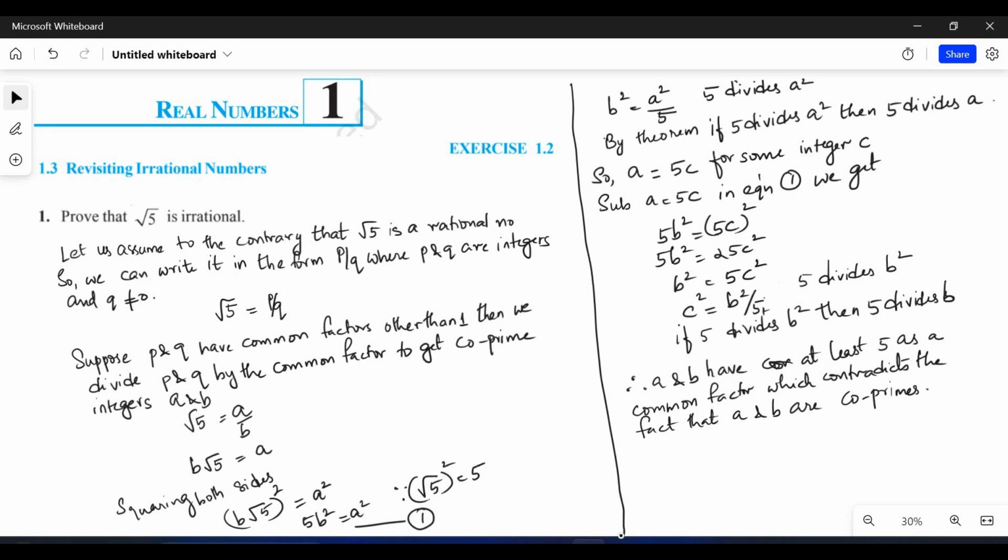Co-primes means it should have only one common factor, that is 1. But here we can understand that both A and B has another factor, that is 5.